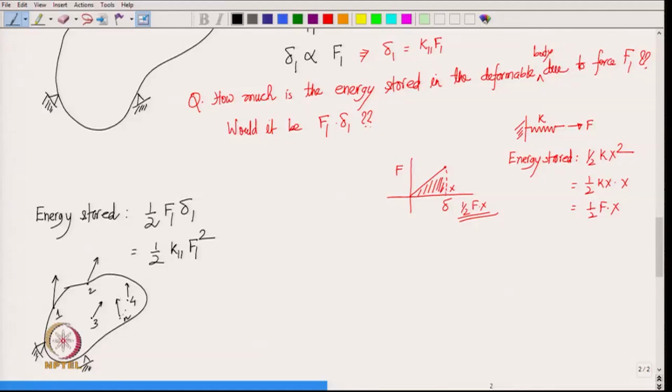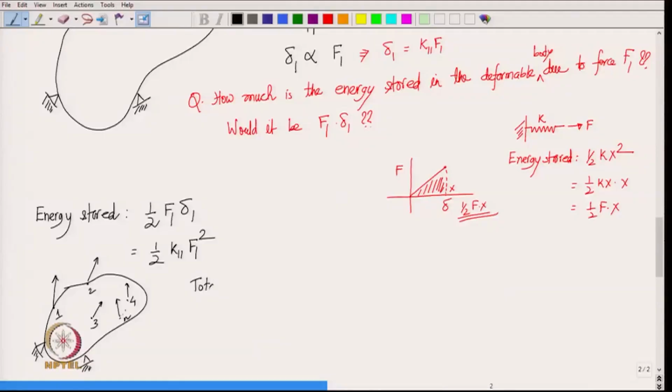Then what is the total energy stored? You have to simply sum over the energy due to each of the loads. So, total energy stored is then summation over i equal to 1 to n half F_i into delta_i.